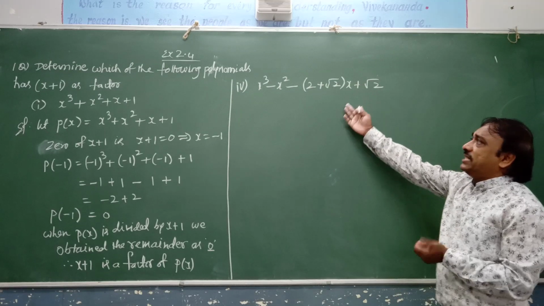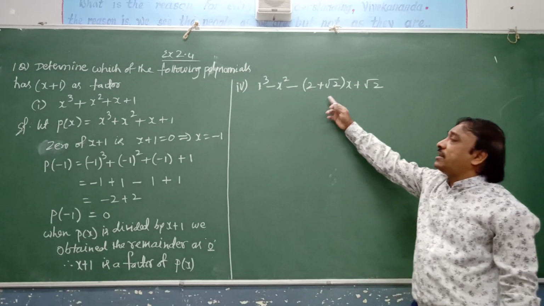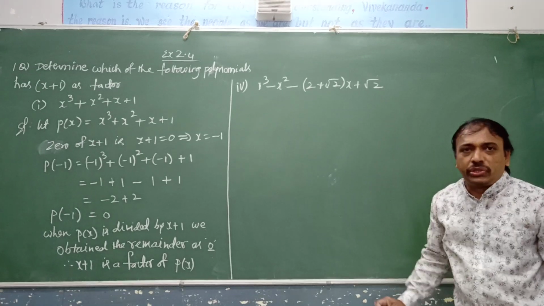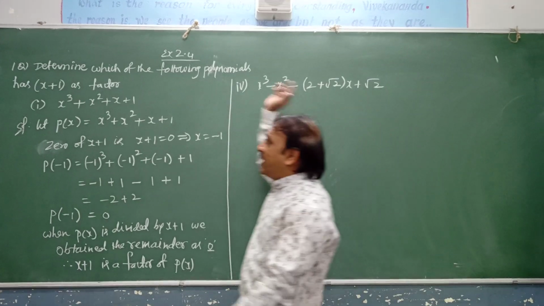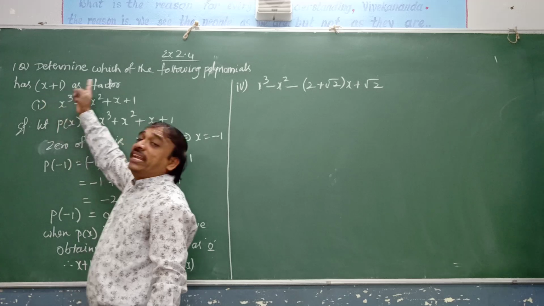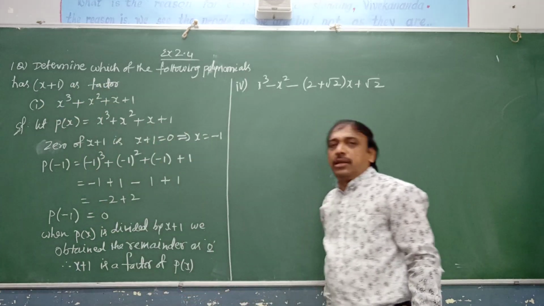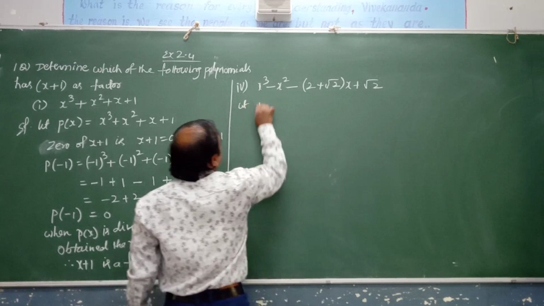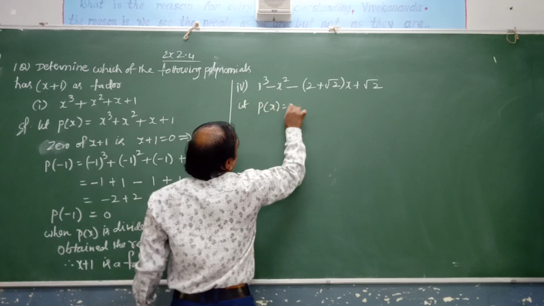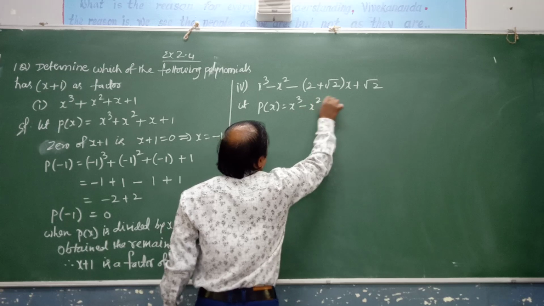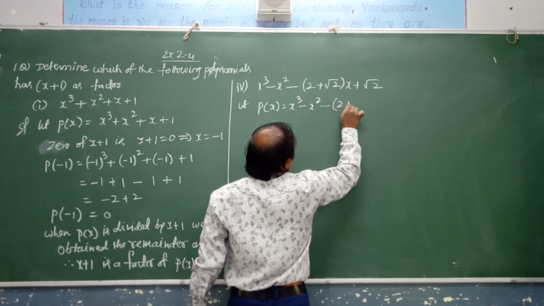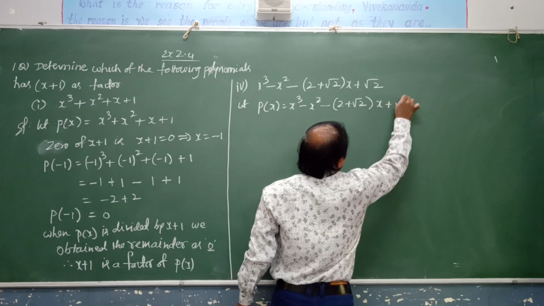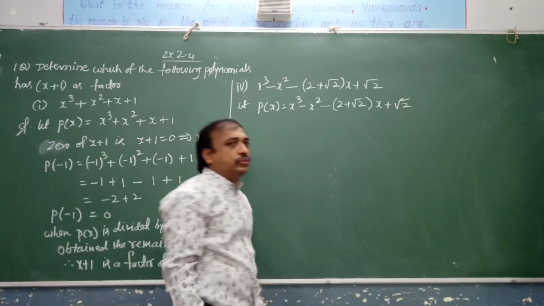Now here P of x is x cube minus x square minus (2 plus root 2) into x plus root 2. And for this also you have to check whether x plus 1 is a factor or not. So let P of x equal x cube minus x square minus (2 plus root 2) x plus root 2.